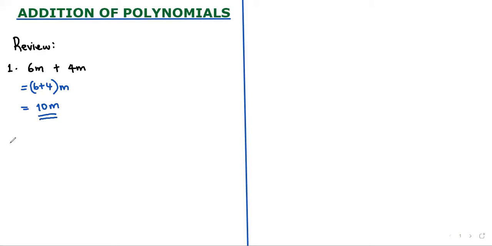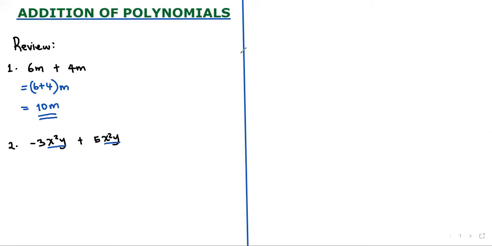Also, if you're having, let's say, negative 3x squared y plus 5x squared y. So also, you can note that since the variables are the same, you can see this is x squared y and this is x squared y.